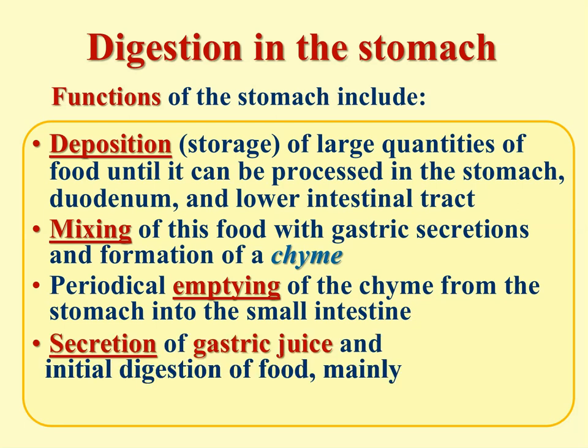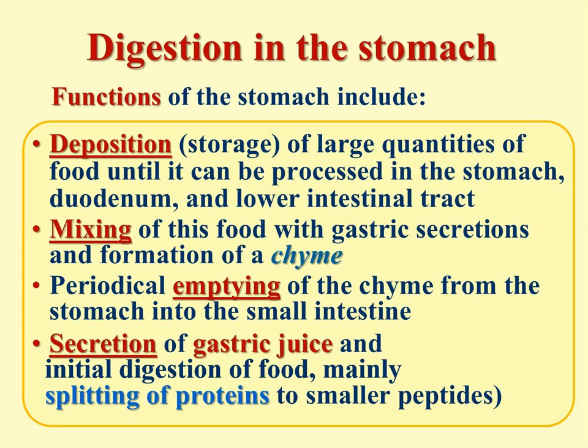And only in the end we have this secretion of gastric juice, and it provides only initial digestion of food, and mainly this is for proteins, and it's not final digestion, not to amino acids. Amino acid formation is minimal in the stomach. Mostly proteins become converted to smaller peptides, to large or moderate sized peptides.